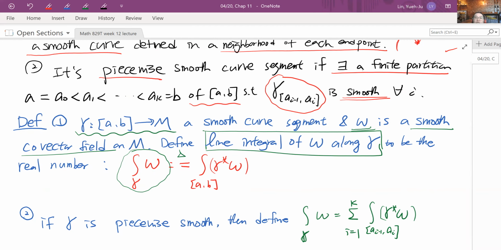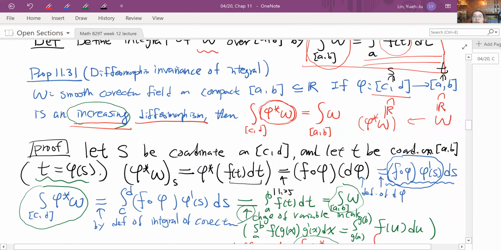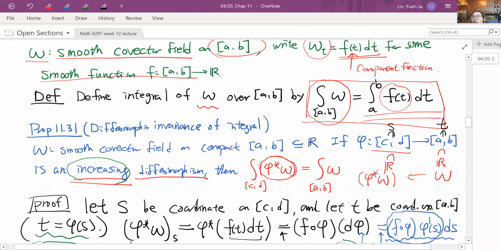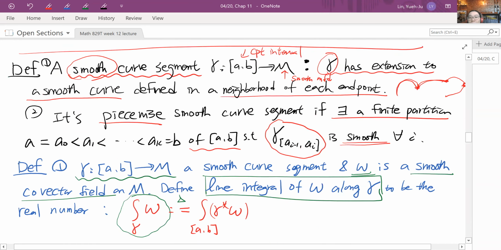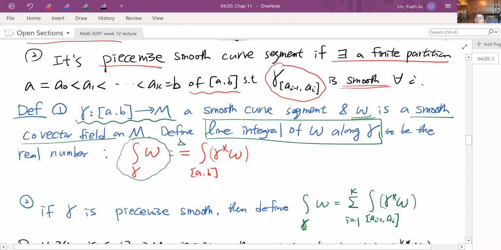We already defined how to compute the integration of a covector field on R, right? So that's the definition we know. The definition of line integral on a manifold is essentially that you pull everything back to R and do the integration. So basically the integral of this omega on the manifold is the same as you pull back omega by the curve gamma.